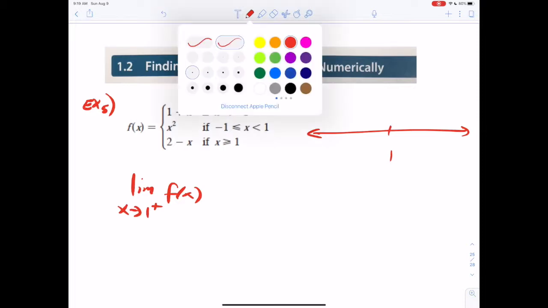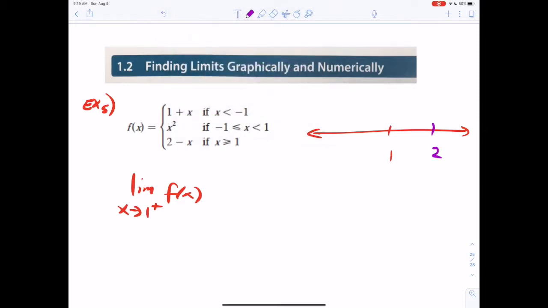So a good number to start with is maybe 2 or 3 or 4 or 5 or 6 or any number that's greater than 1, which is this right here. So if you're approaching 1 from the right side, you're approaching from numbers that are greater than 1, so you would be focusing on this function here. So you would be taking the limit as x approaches 1 from this function.